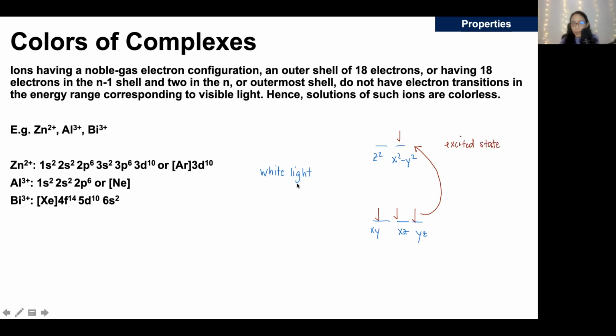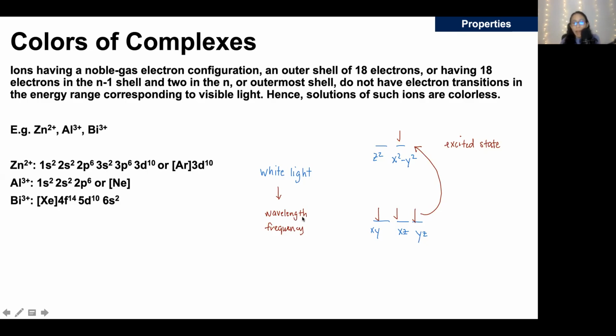It's because of the white light, okay? So what happens here is that the electron absorbs a certain wavelength of light. So recall, class, light is associated with properties such as wavelength and frequency. Okay? So this electron absorbs light of a certain wavelength.